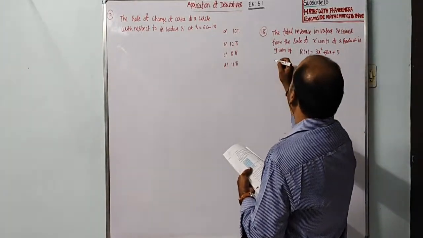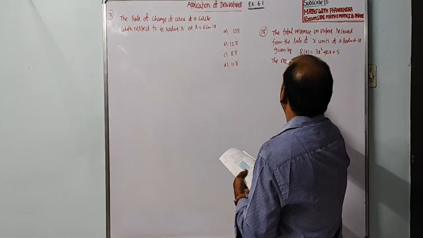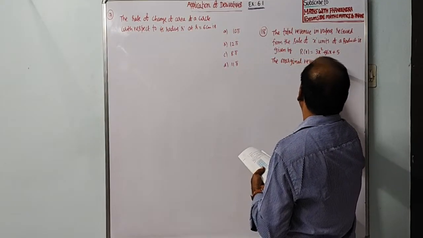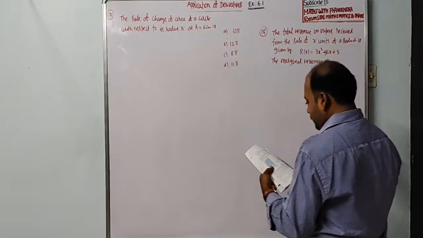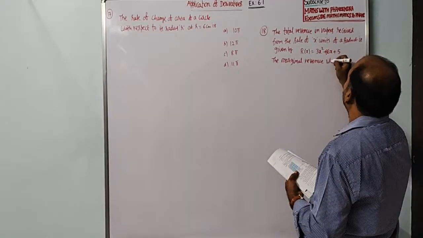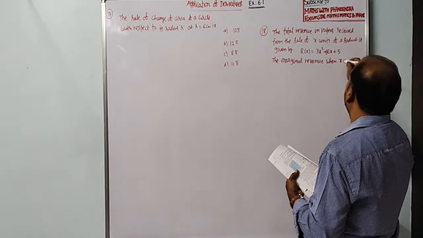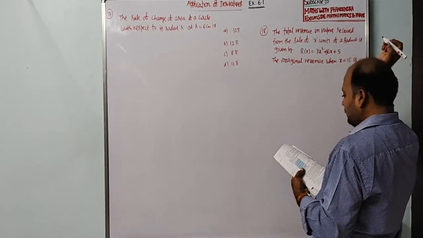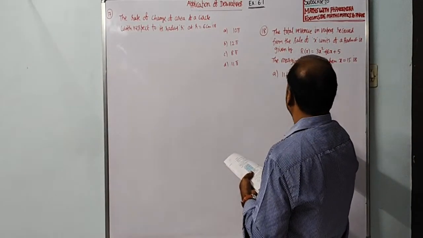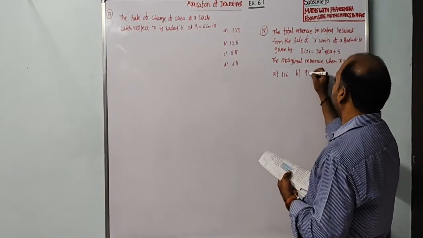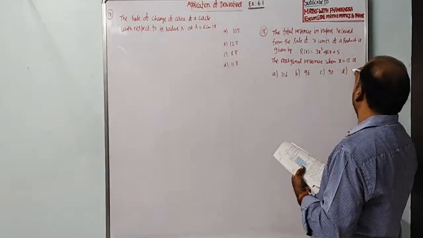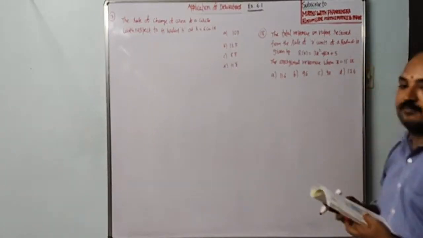The marginal revenue when x is equal to 15 is. So first option 116, second option 96, third option 90, fourth option 126.